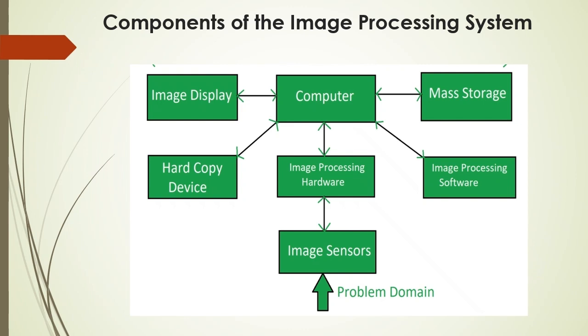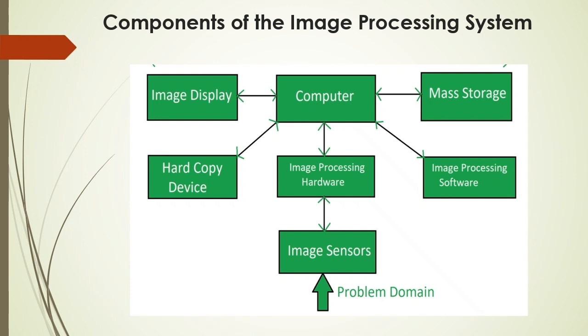The major role in image processing is played by the first element, called image sensors. What is the use of image sensors? The use of a sensor is to sense some physical quantity, such as temperature, humidity, motion, and so on.